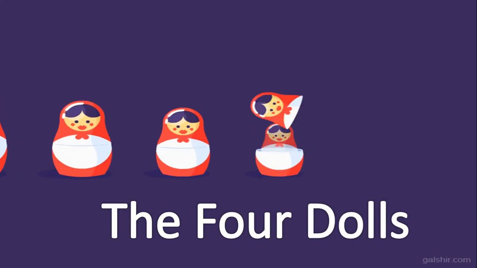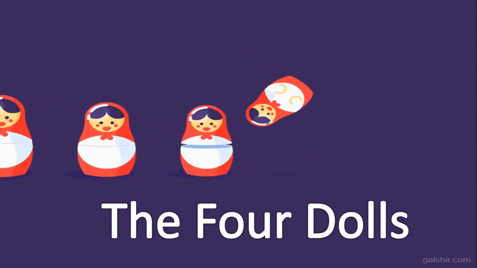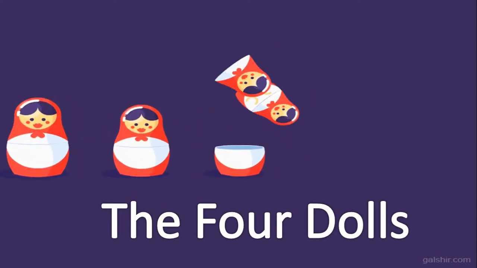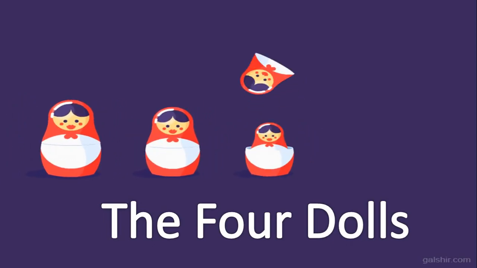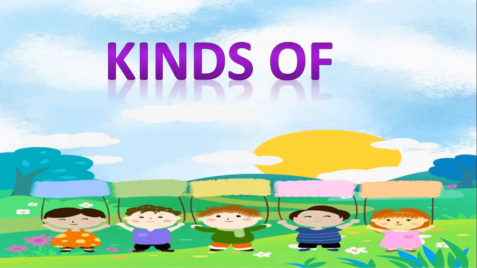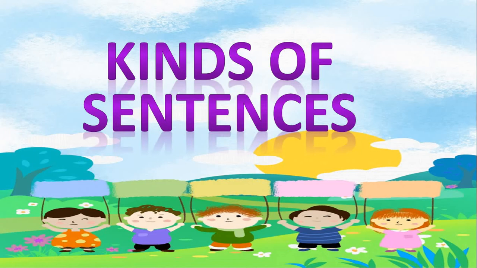You must be wondering that everything that I am discussing has one thing in common, and that is 4. So children, today we are going to discuss kinds of sentences, and these kinds of sentences are also 4 in number. That means there are 4 kinds of sentences. Easy to remember now? I know that. Let's move ahead.